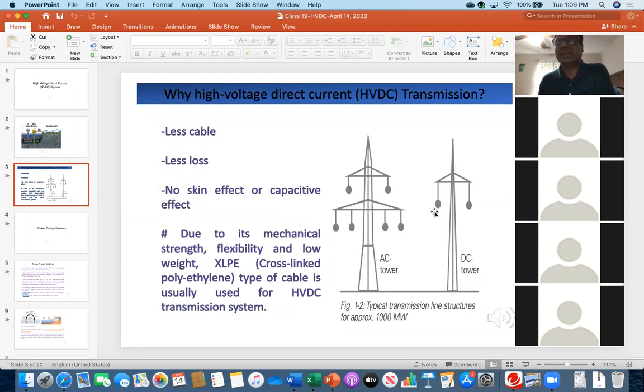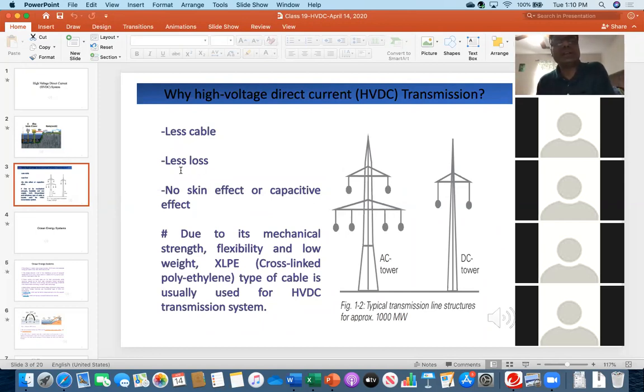In the DC tower, you can see only two cables, one for the positive and the other for the negative terminal. Because the AC is a three-phase system, you need A phase, B phase, C phase, three-phase coil. So the first bullet point: you need less cable, because here you need only two cables. On the other hand, here, even considering a single circuit, you need three cables, and another three cables here. It is called a double circuit transmission line.